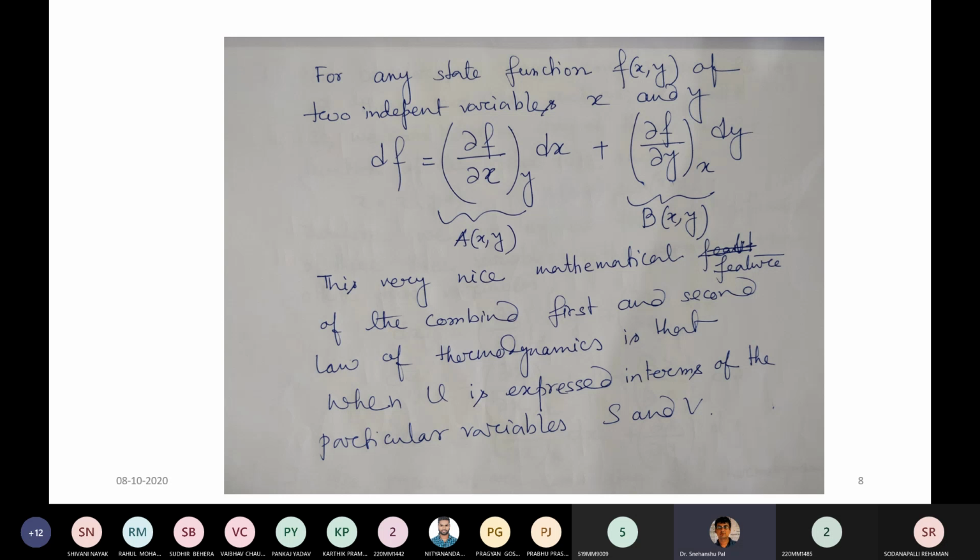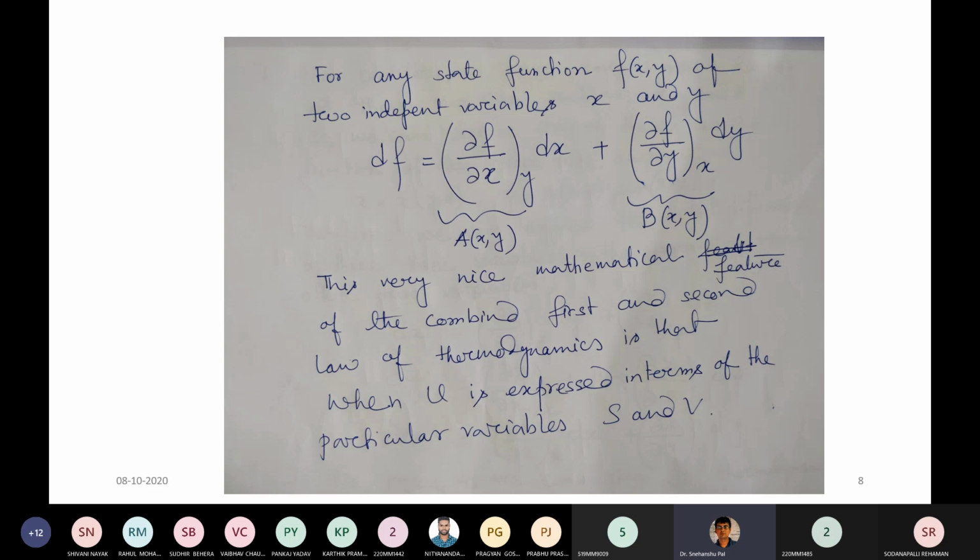In the same way, ∂f/∂y at constant x, you can multiply with the exact differential of y, and it is a function of x, y, say b(x,y). But these two functions will be different. That's why you are taking in the first part a(x,y) and b(x,y). So both may be functions of the independent variables x and y, but they are different functions.